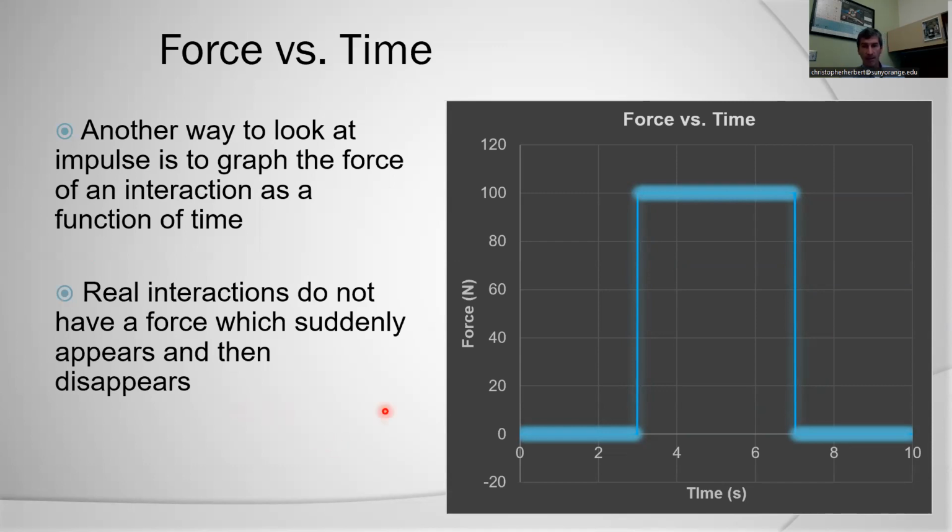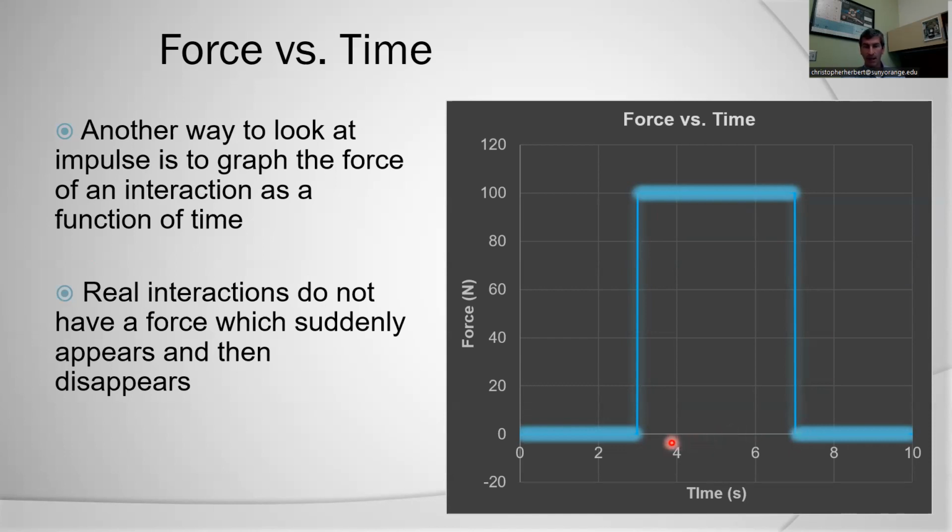Up to about 3 seconds, there's no force acting on the object, so whatever its momentum is at the beginning will be its momentum at the end. But suddenly we turn on a force instantaneously, and we're applying 100 newtons of force to it until we get to about 7 seconds, so 3 to 7 seconds. Then we ask ourselves, well, what is the impulse here?